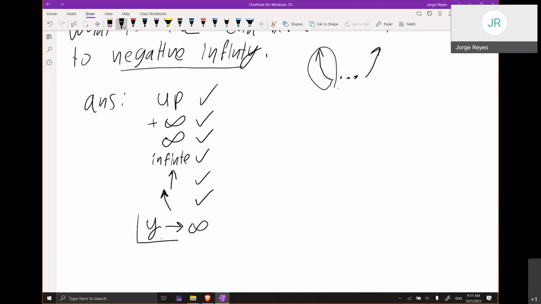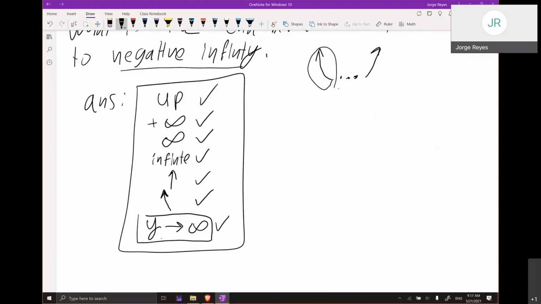This is the best answer. But all of these are acceptable answers. What you can't say is blows up or explodes or any of those. Obviously, if you said down or put a down arrow, that would just be wrong. But any of these would get you full credit, with this one being the best.